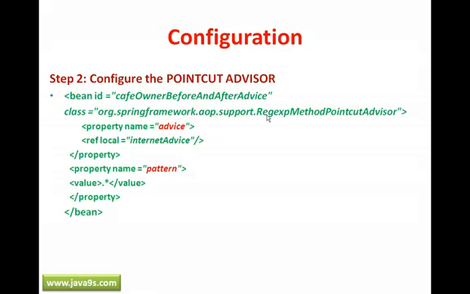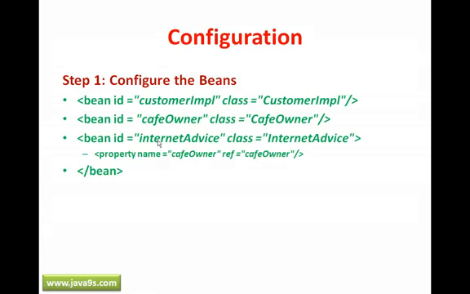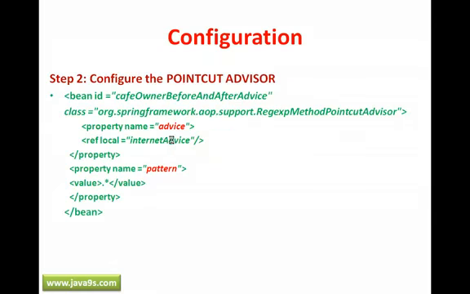Because this is a pointcut advisor, we need to give two inputs for it, which say the pattern of the methods for which the advice has to be applied, and also who can give the advice. So here for the property advice, I am telling InternetAdvice is the bean which can give the advice, which I have already configured here.